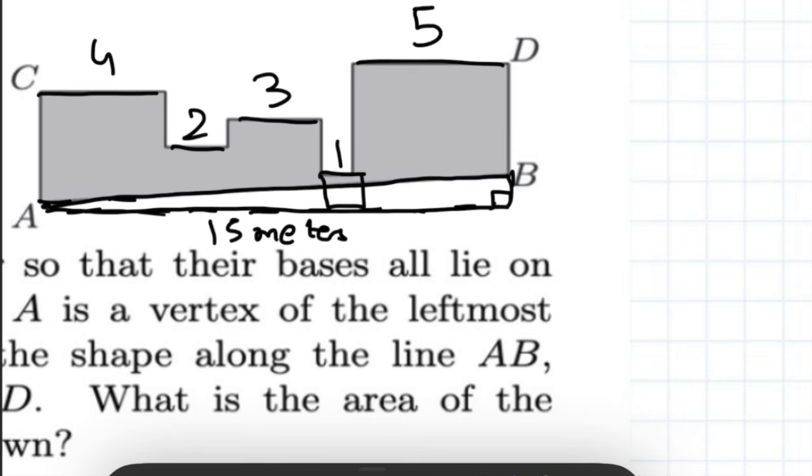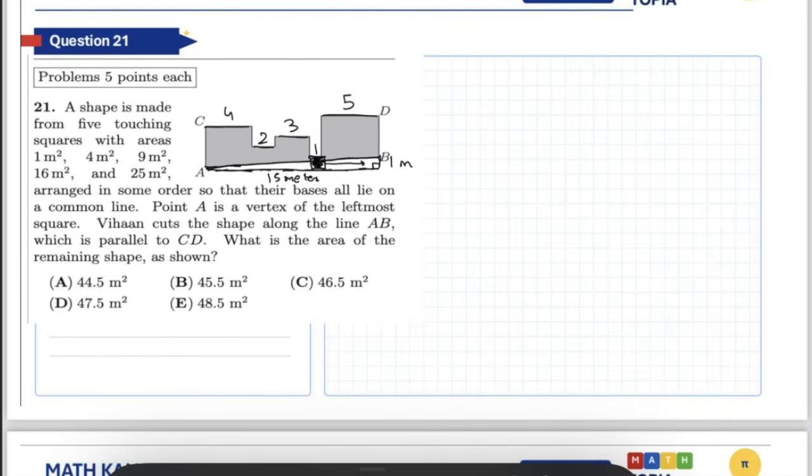Fortunately, we are given that this square is right over here in the diagram, which means that this corresponds. Therefore, the height of our triangle is 1 meter. So now we can calculate the area of the triangle. Half times 15 times 1 is 7.5 square meters.